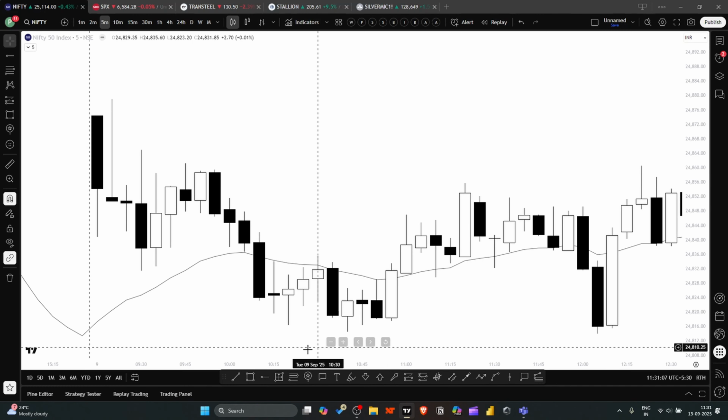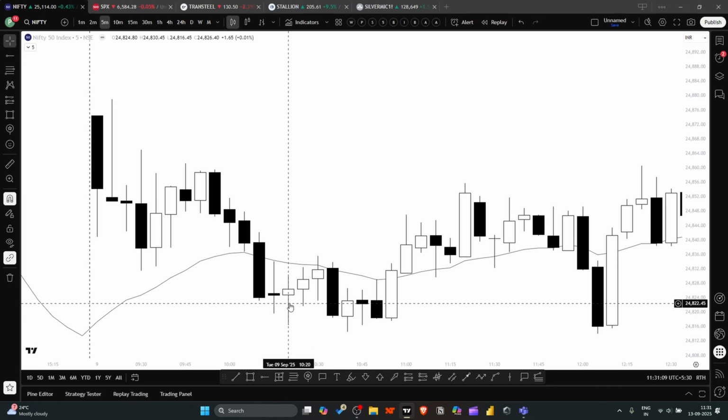If the market was weak, so suppose you take this candle, let's see the opening price. The opening price was 24824.80. The lowest price was 24816.45. That is an 8-point difference from the open.